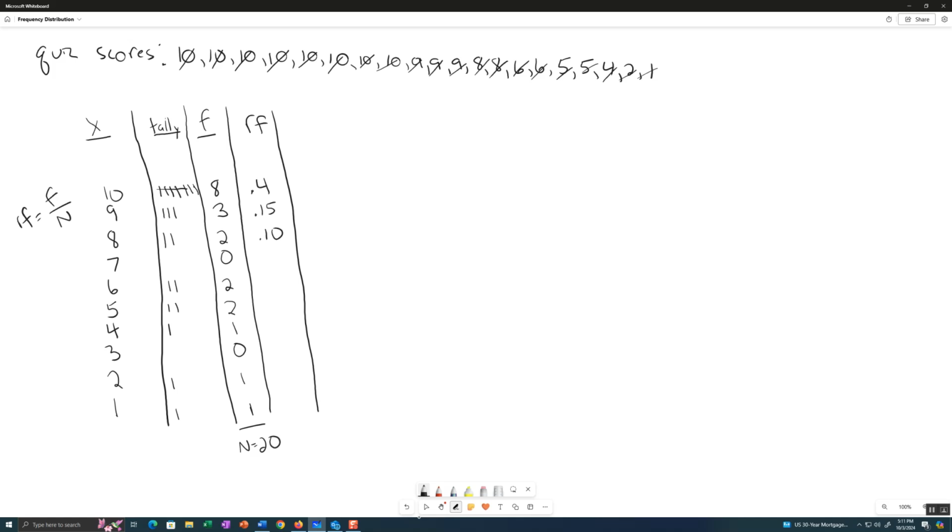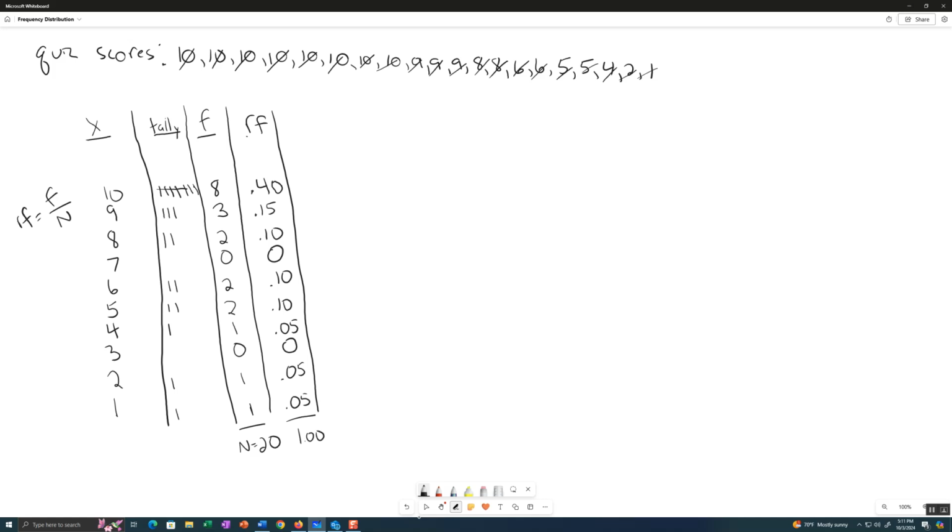This is 0.10. This is 0. This is 0.10. This is 0.10. This is 0.05. This obviously is 0. This is 0.05. And this is 0.05. So this should add up to 1. So 0.4, let's put 0.40. 40, 55, 65, 75, 85, 90, 95, 100. So that adds up to approximately 1, which is what I want.